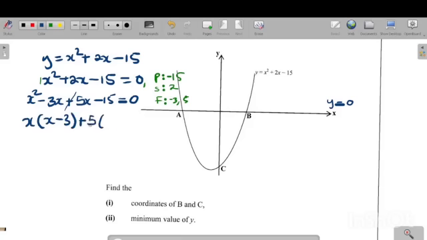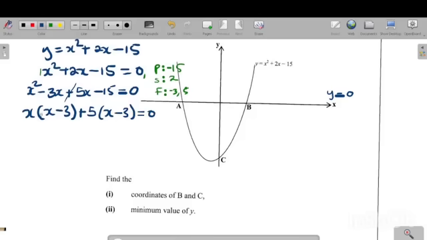Then 5x divided by 5 is x, then negative 15 divided by 5 is negative 3, then is equal to 0, all right? Now, you can see that what is in the brackets is the same. So since they are the same, you're going to pick one of them, okay? Then you pick these that are outside, x plus 5, then is equal to 0.